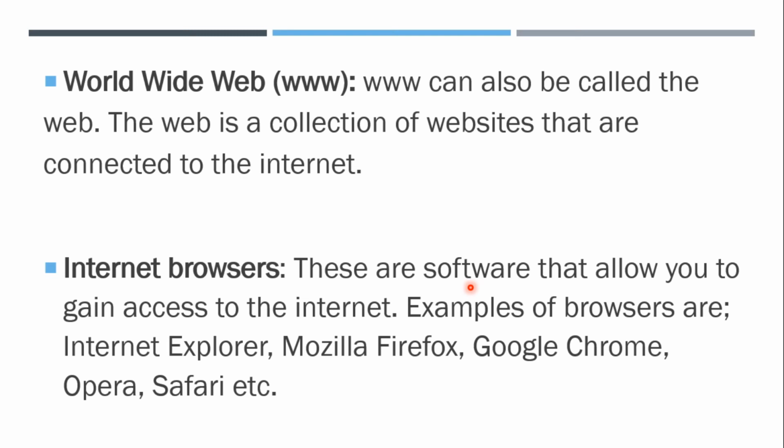If you don't have this software installed on your computer, you cannot access the internet, you cannot access the web, because the web, the www, is only available to you through websites. The browsers are in charge of giving you that access. So it is important to have one of these on your computer.